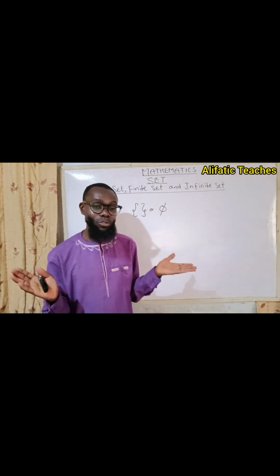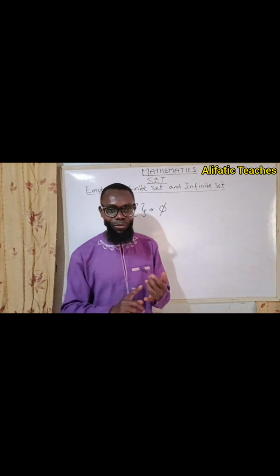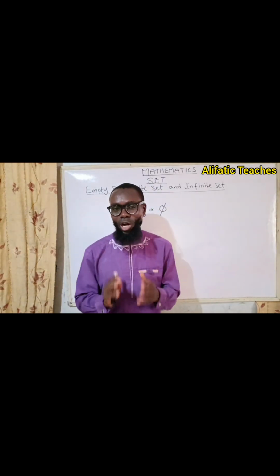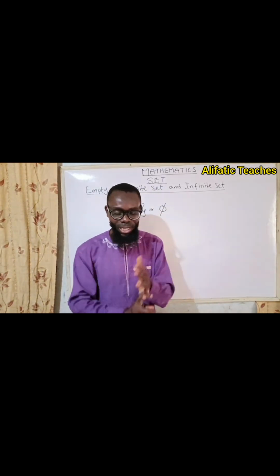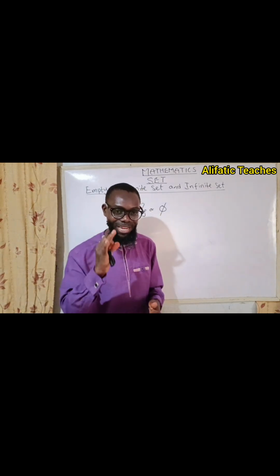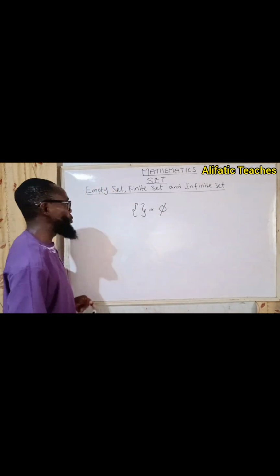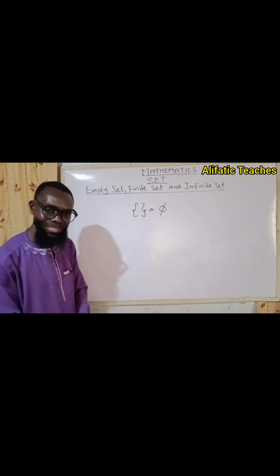Natural numbers between 2 and 10 means we will not count 2, we will not count 10. We start from 3. So it's easy for us to count everything: 3, 4, 5, 6, 7, 8, 9. Because we can count everything, this is referred to as a finite set.